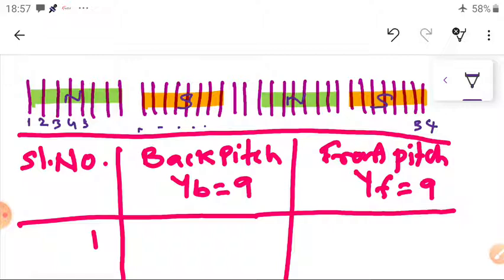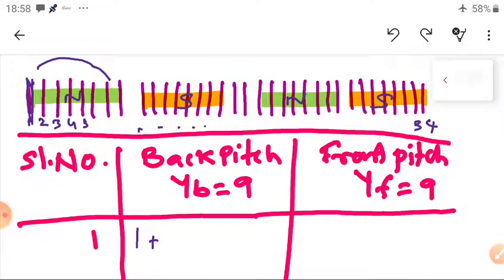These are all conductors under the influence of a 4-pole machine. Now I take the first conductor as the initial state. This conductor has to be connected one pole pitch away. So what is the back pitch? 1 plus 9. I am going to connect to another one at a pole pitch.